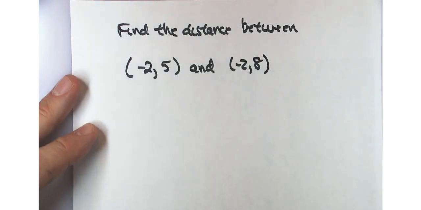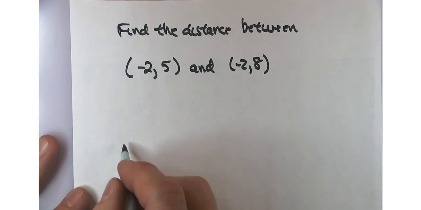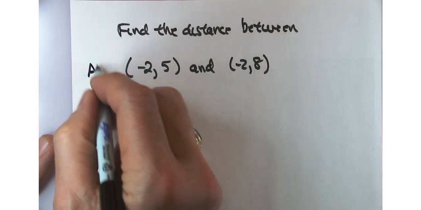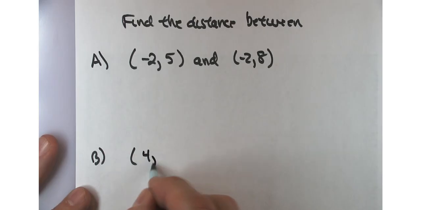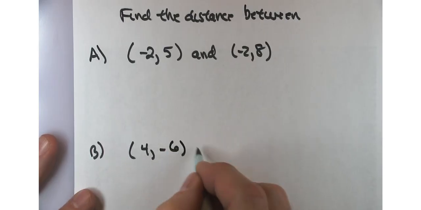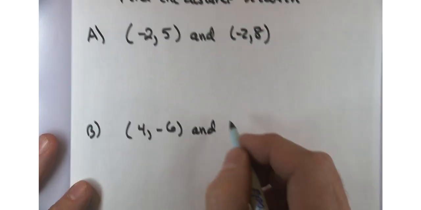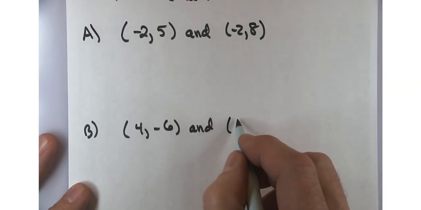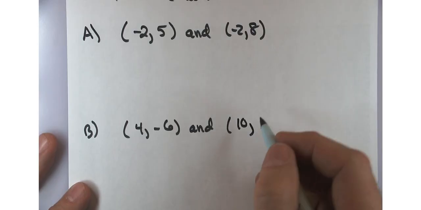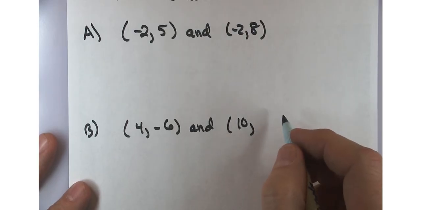And then one more between 4, negative 6, and 10 and 4.